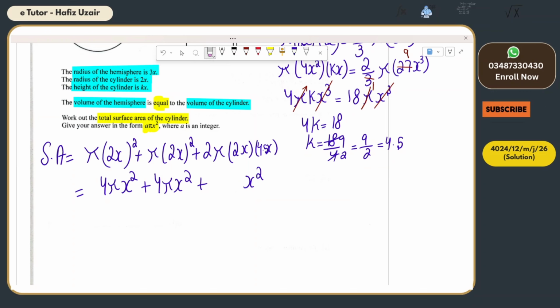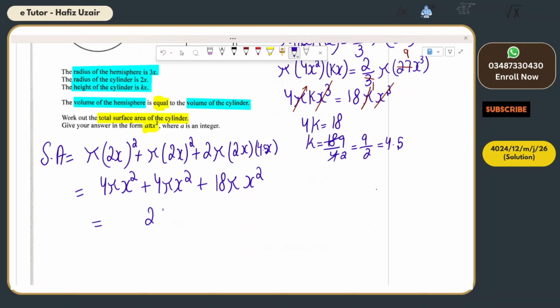All right. So now 4 into 4.5 will be equal to, let's do this, 18. So it's 18 pi x square. Now let's add these values.